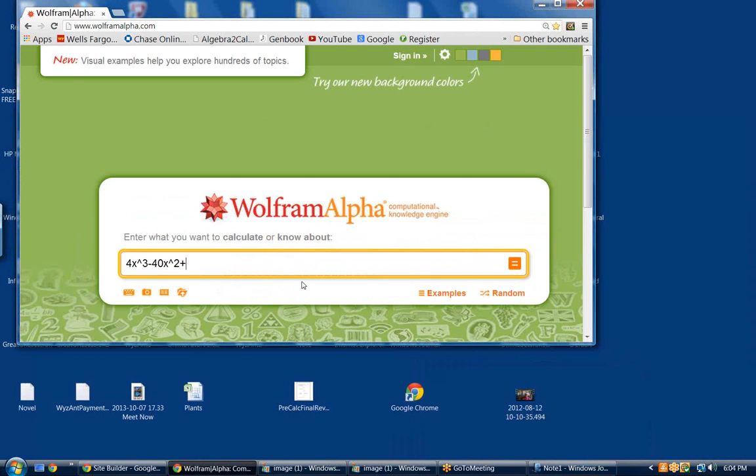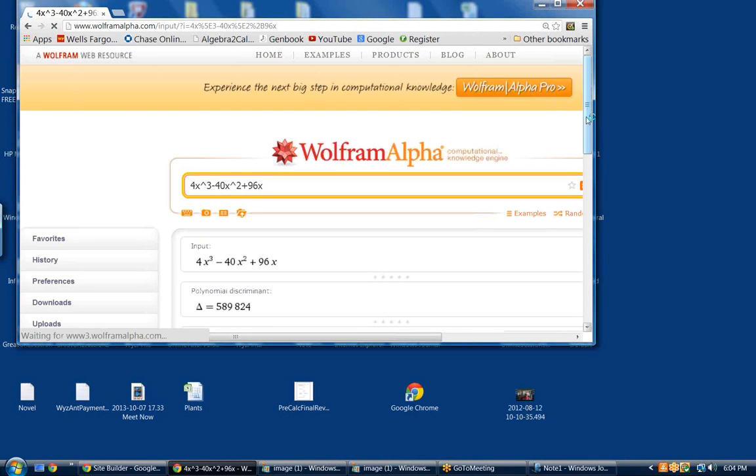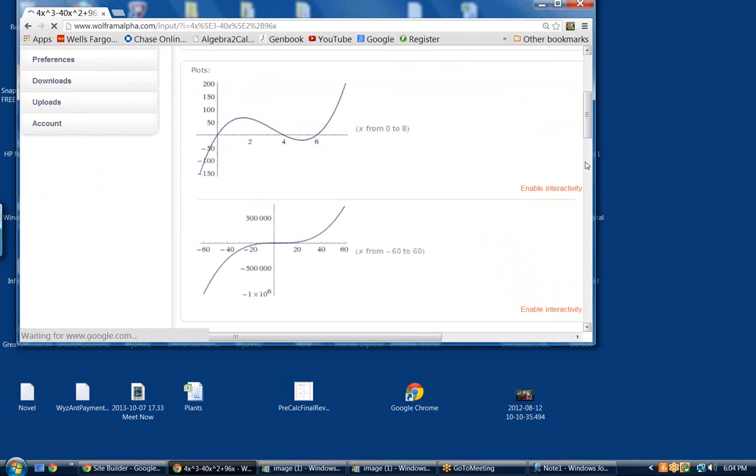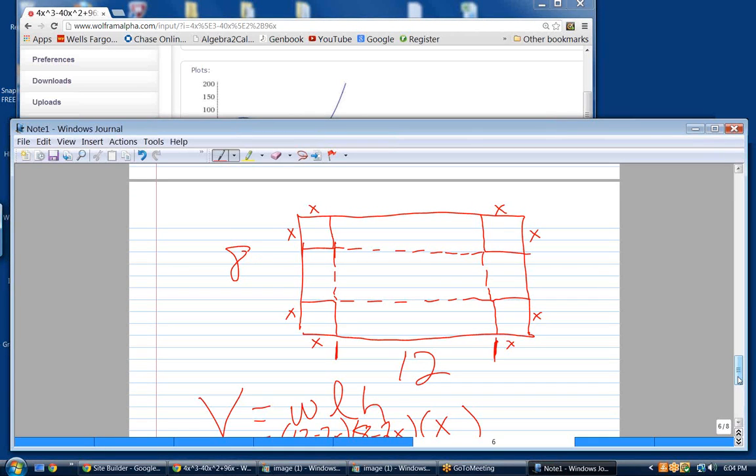Plus 96x. Okay, there's my function. If I look at my original problem, what's the maximum x can be? From that picture.